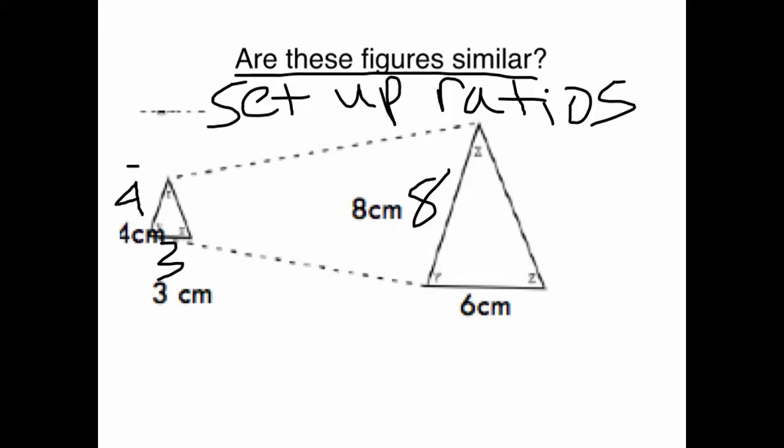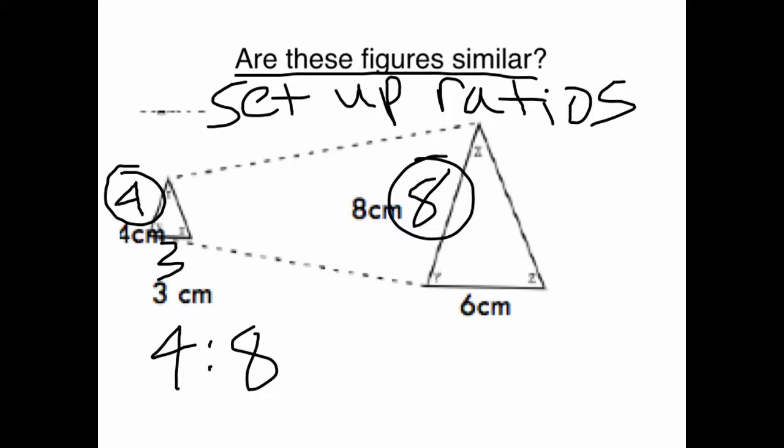What I'm going to do is set up a ratio for the left side of both of these triangles. So I have 4:8. Make sure that is in your notes page. And then I'm going to set up a ratio for the bottom of these triangles: 3:6. Now all I'm going to do is try to get these in their absolute smallest form, and the way that I do that is obviously division.